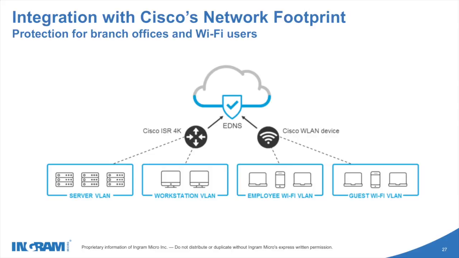This way, you can set different policies for servers versus workstations, or employee versus guest Wi-Fi, even when it's the same network egress IP or network device originating the query.